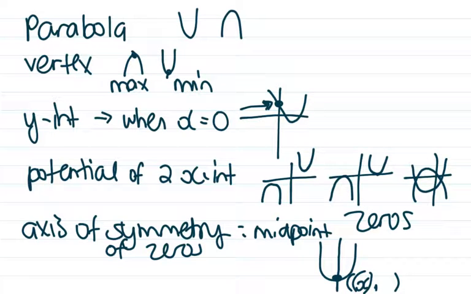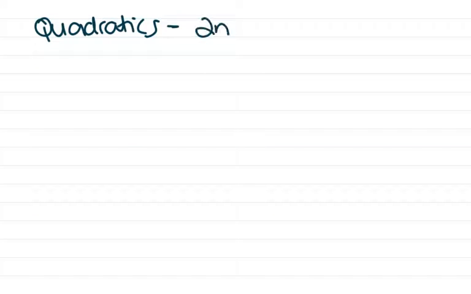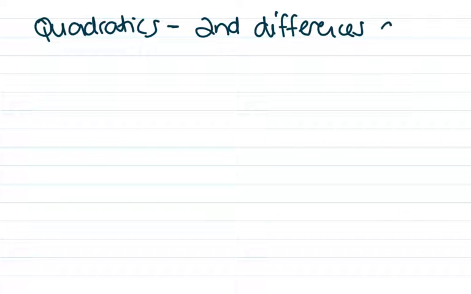Two other things that you need to know before we move to the next heading. For quadratics, the second differences are constant in a table of values. If the first differences are constant, that would be linear. If the second differences are constant, that's quadratic.